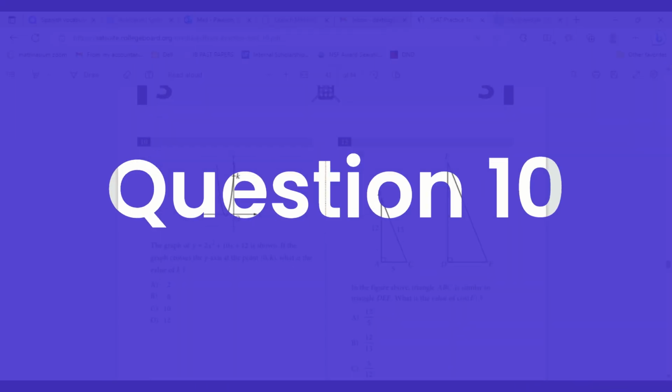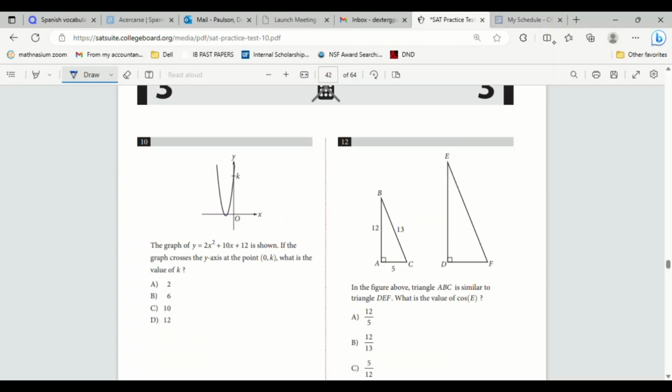Number 10, the graph of y equals 2x squared plus 10x plus 12 is shown. If the graph crosses the y-axis at the point 0, k, what is the value of k? So we just saw this question. When you intersect the y-axis, your x value is 0, so it's really y of 0. Remember earlier we saw f of 0. So we're going to plug in 0 for the x coordinate, and then get k, the y coordinate.